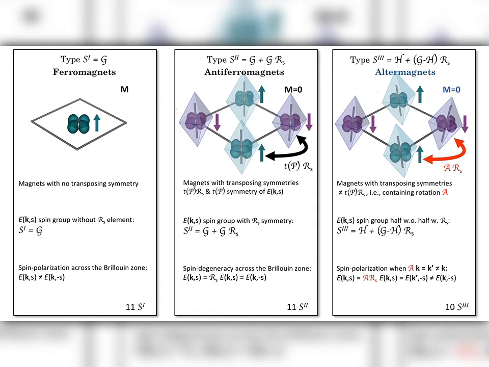I do not have the RS symmetry. I have an RS symmetry combined with rotation here. So when I apply the symmetry operation combining spin rotation and a crystal rotation on my energy eigenstate here, I get the opposite spin eigenstate, but I have that eigenstate with the same energy but at a different momentum.